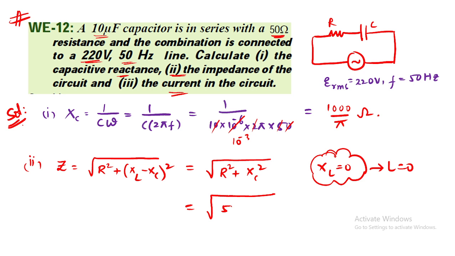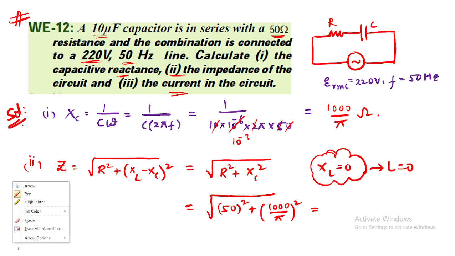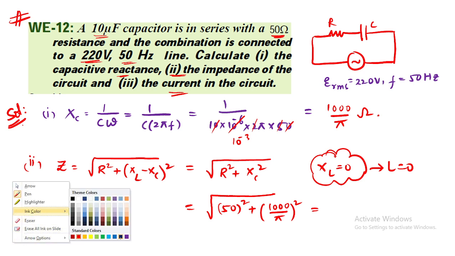So total answer, tell me now. R is how much here? 50 square. XC is how much here? 1000 divided by pi whole square. So how to solve it?